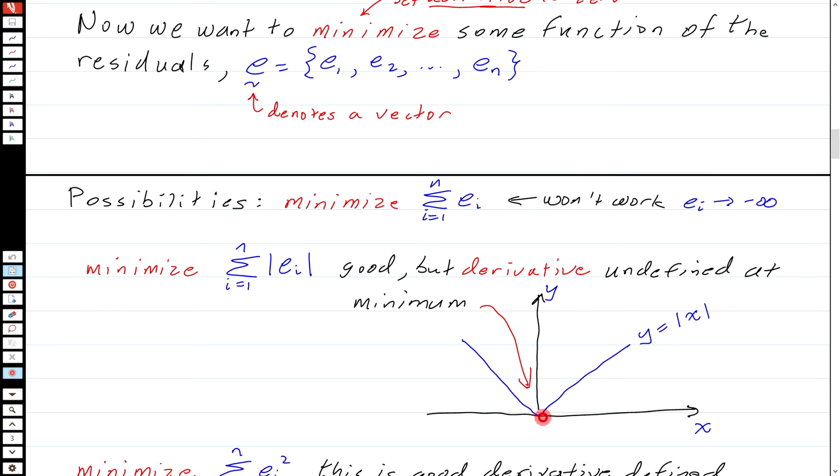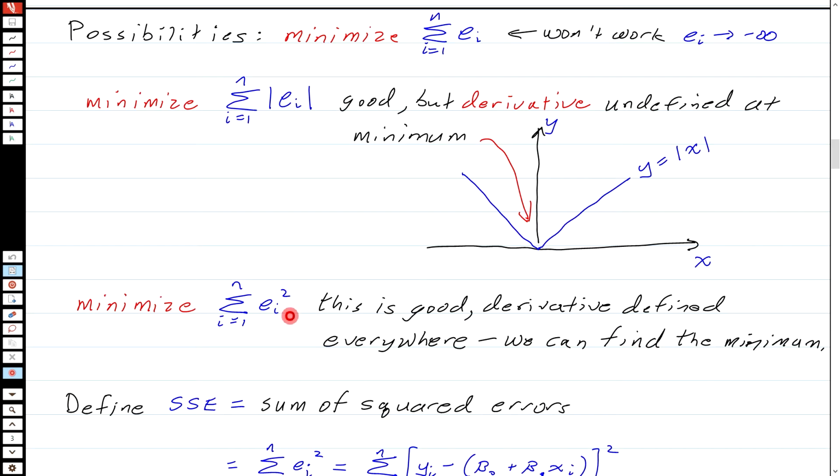At this point here, it just passes from -1 to +1 and is not actually equal to 0. So mathematically, this is hard, finding the minimum point of the absolute value. We can see it here, but when we have higher dimensions and we're talking about a bunch of e's, it becomes more complicated. So it's nicer if we can actually define where the 0 point is in the derivative.